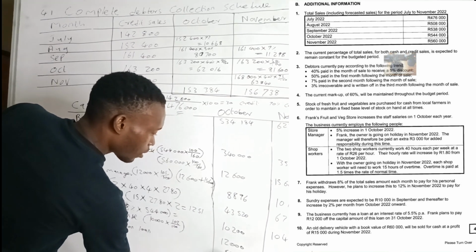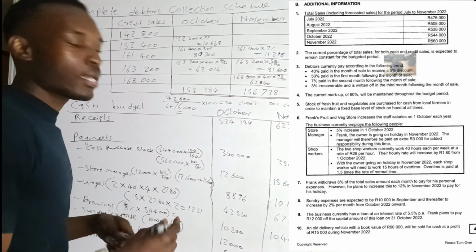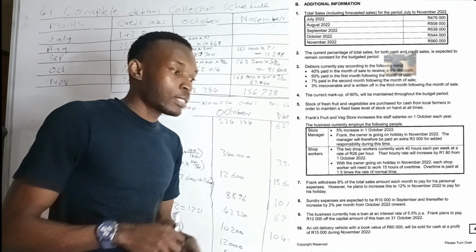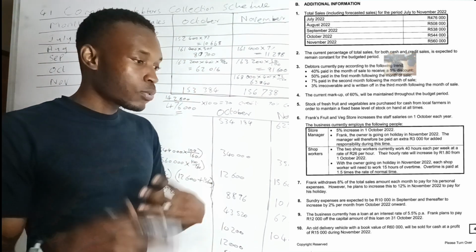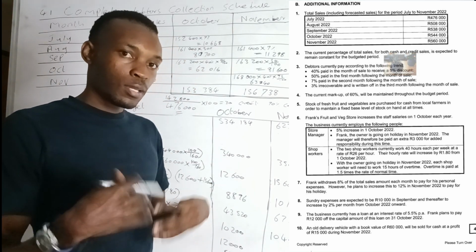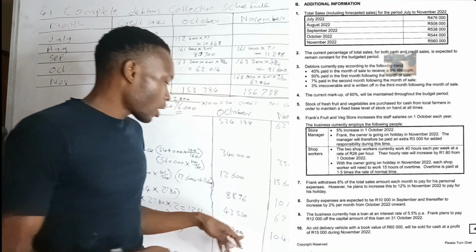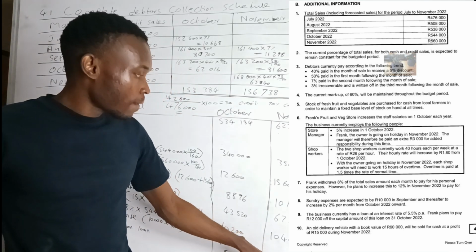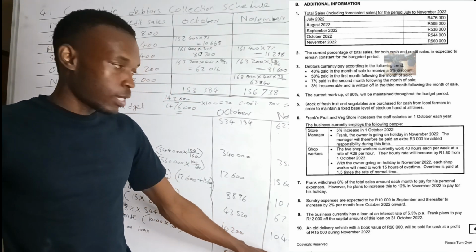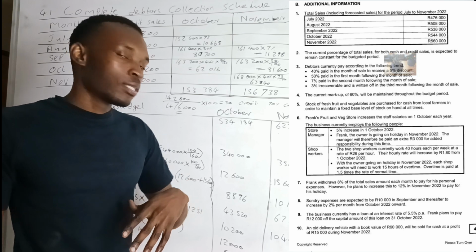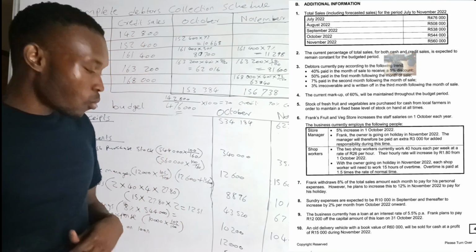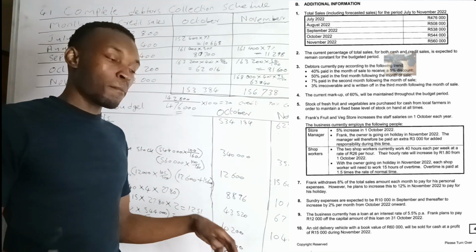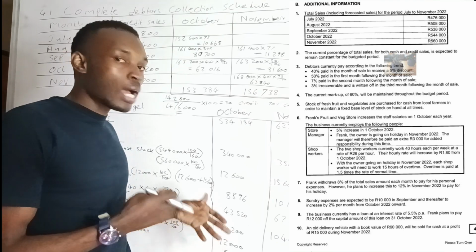So it is unfortunate, guys, in this question paper, they didn't provide us how much loan he was owing, because the amount that we have to use to calculate the interest for November is the remaining balance that is still owing, because he paid 12,000, but now we don't know how much is outstanding.